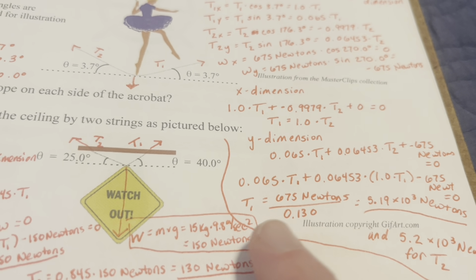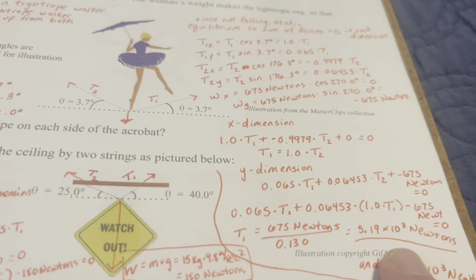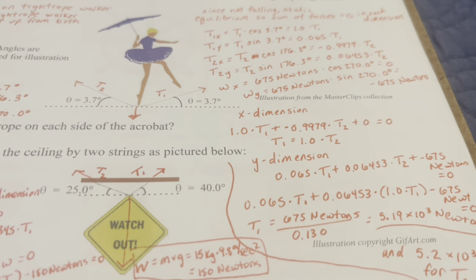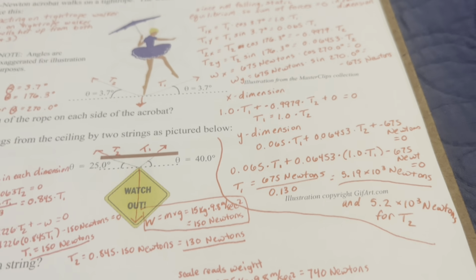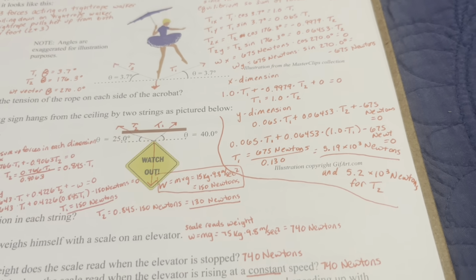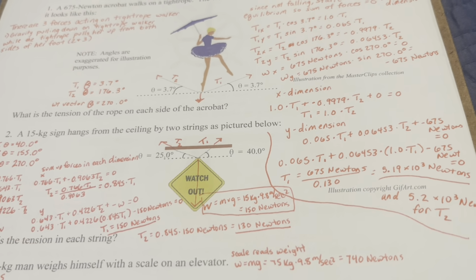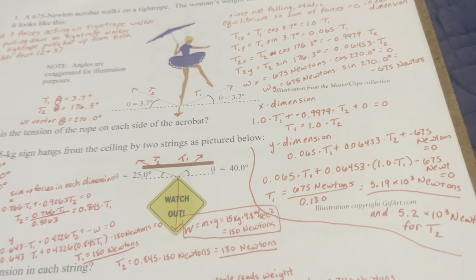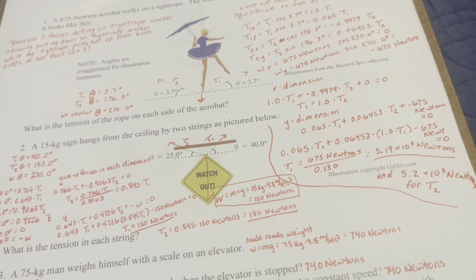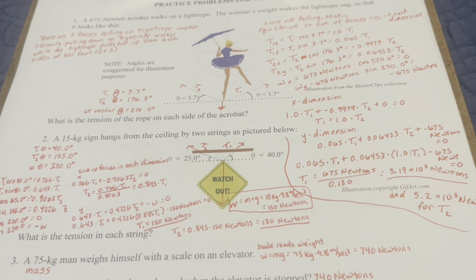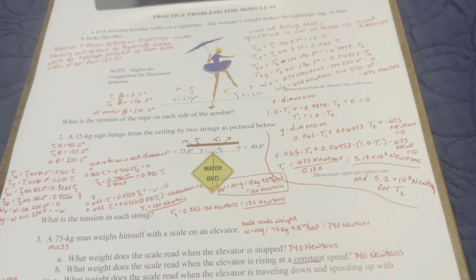So that then I can solve, and for T1, I'm going to get 5.19 times 10 to the third newtons, and that's going to be the same for both, since T2 is equal to 1.0 times T1, they're going to be the same. But technically, T2 can only be listed as 5.2 times 10 to the third because of significant figures, but they're basically going to be the same force, okay?